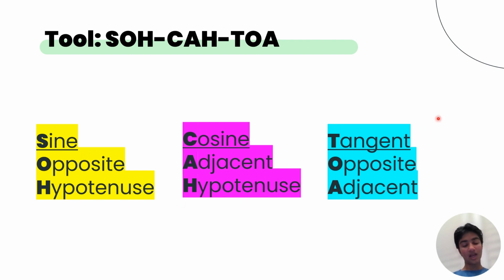And TOA is tangent equals opposite over adjacent. So if you remember this, you're solid. Just genuinely try to memorize this, and then you're good for the rest of the math you learn. So remember, SOH CAH TOA. Sine equals opposite over hypotenuse, cosine equals adjacent over hypotenuse, and tangent equals opposite over adjacent.